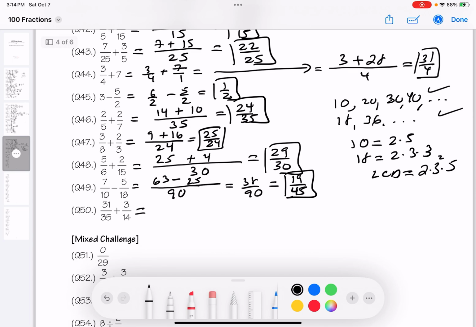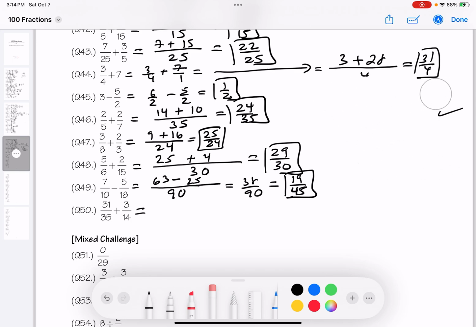Next one, I'm looking at 35 and 14, and let's just review that LCD business again. So I'm going to erase this over here, and I'm going to go through the LCD business again. You could write multiples down, and the multiples of 35 would be 35 and then 70. I think you get the idea. You could write the multiples of 14 down, that's 28, and so on. And you're looking for a least common multiple.